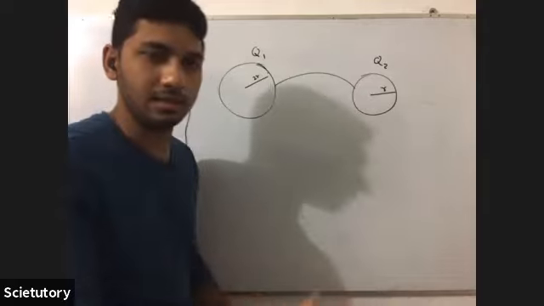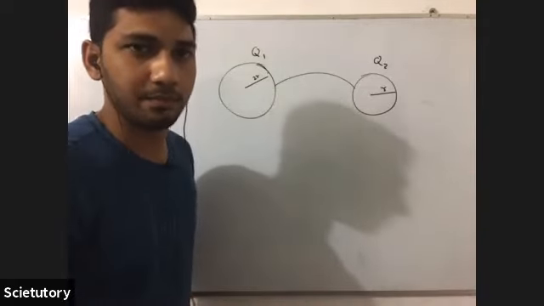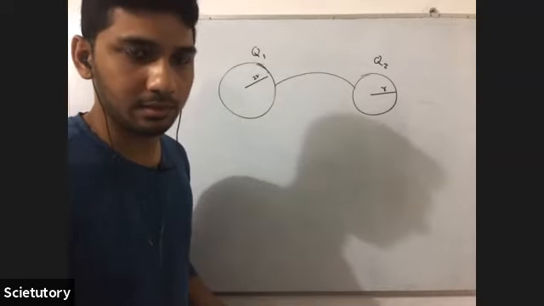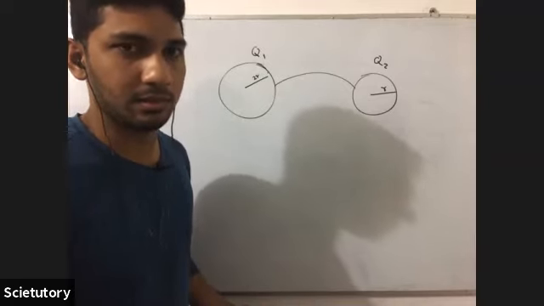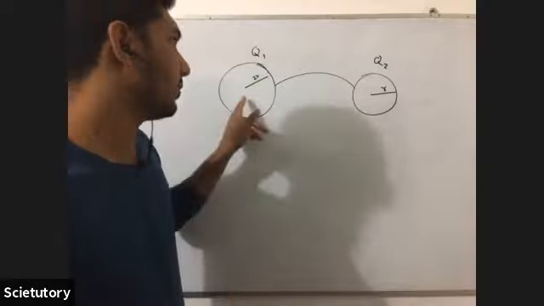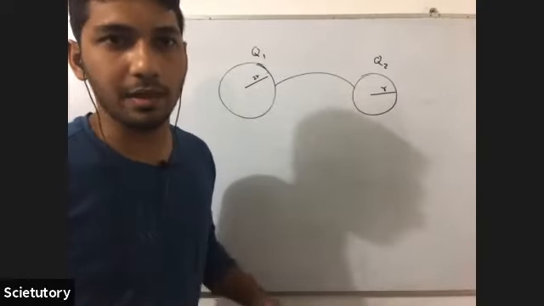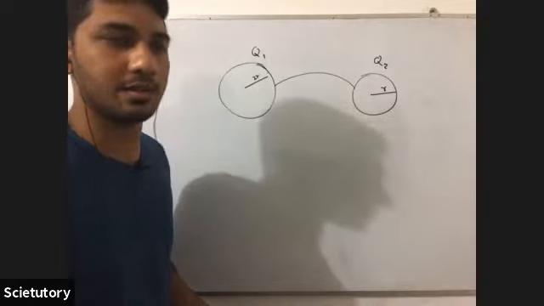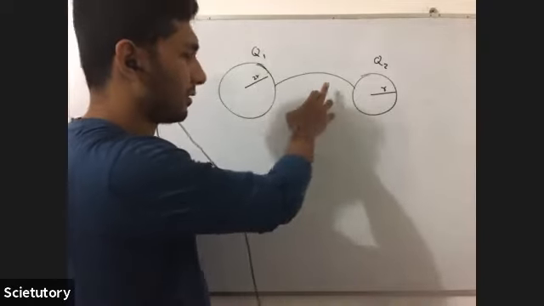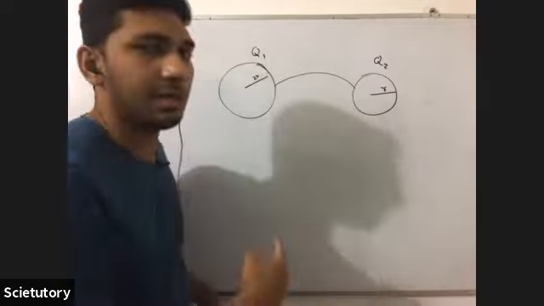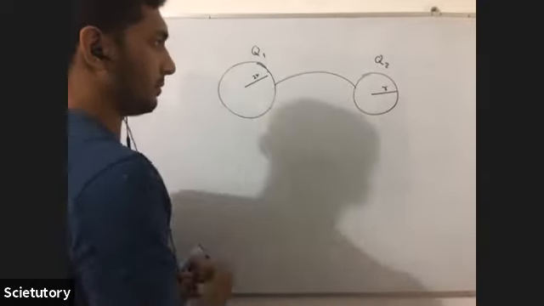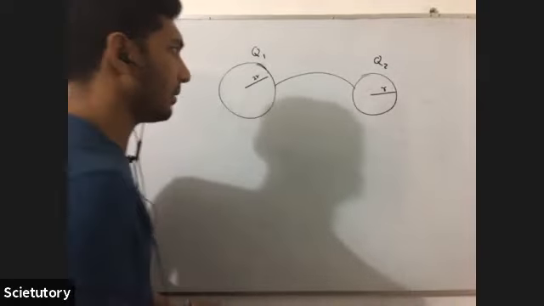The conducting wire will maintain the potential equal on these two spheres because it can conduct away the potential difference. So it will never admit any potential difference. There cannot be a potential difference in a stable state.